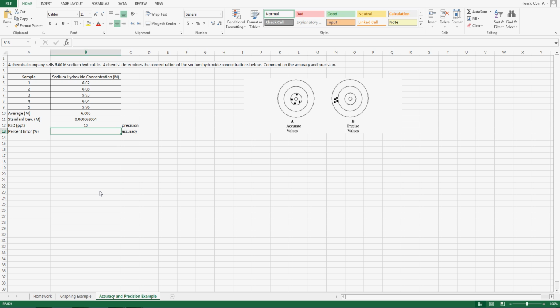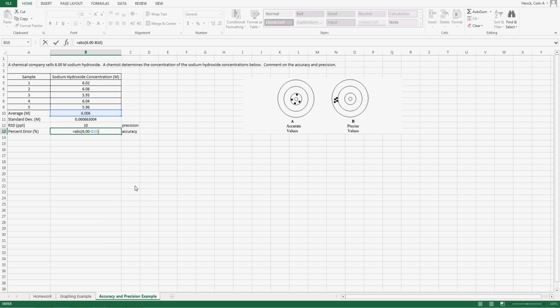Next, I want to calculate the percent error. The percent error needs a standard, and in this case, we know the actual concentration that this is supposed to be. So in order to calculate the percent error, we want to take the absolute value of the difference between the known value and the average value. So to take absolute value in Excel, you hit equals and then ABS, open parentheses, 6.00 minus the average.